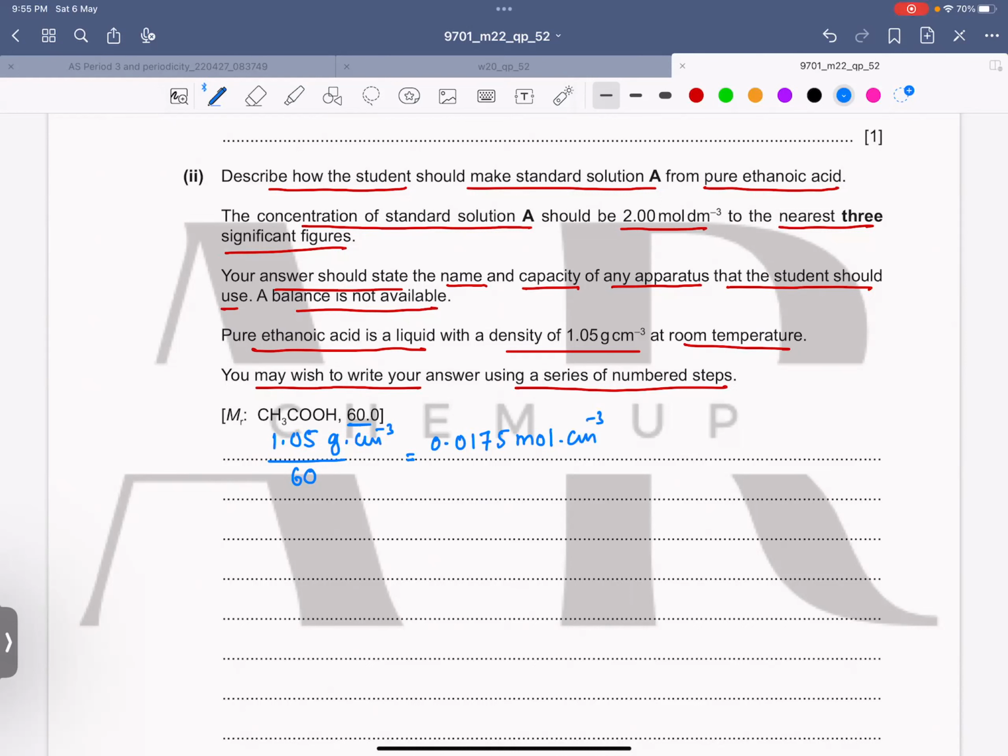Which means that 1 centimeter cube of solution contains 0.0175 moles of ethanoic acid.